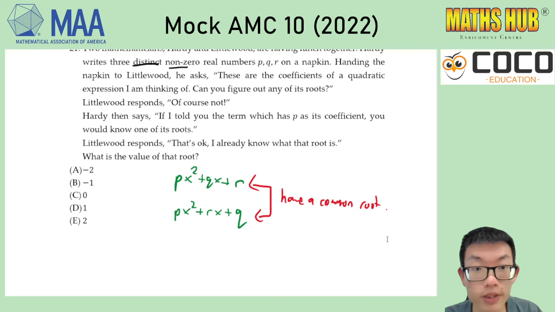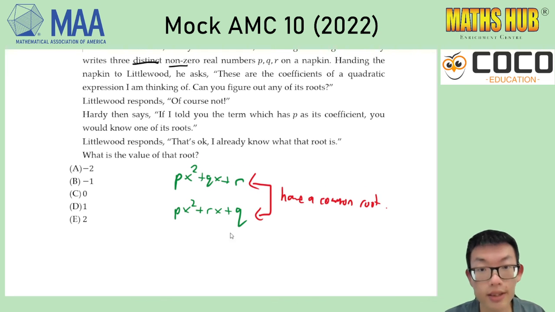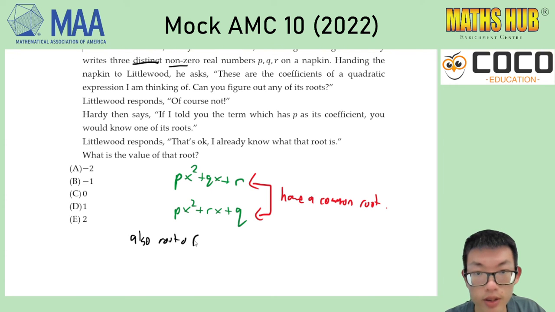If they have a common root, then there is some value of x that makes both of these 0. What I can do is subtract them, because my root will also be a root of the difference. The Px squared will cancel out.